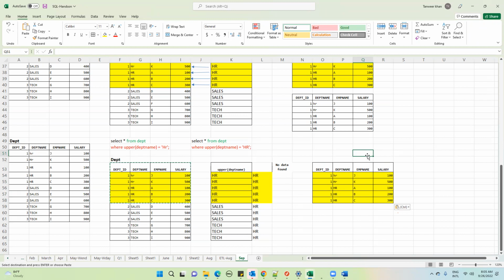Yes, sir. Is this clear to everyone, or do you have any question? Oh, it's not clear. Okay. One person told not clear. Tell me where it is not clear. I will repeat this. Once we execute this query, it will not show the main table directly, it will go to a temporary table.